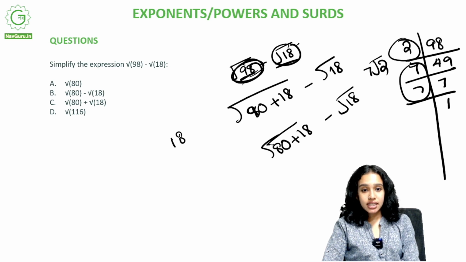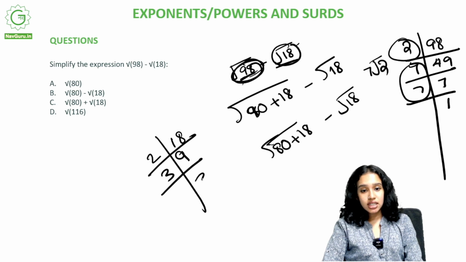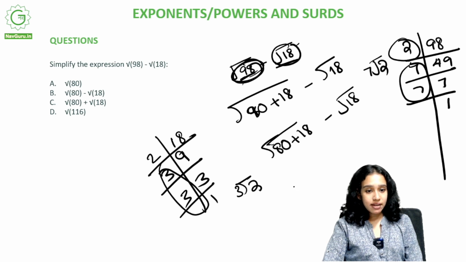Now, what is 18? Prime factorization: 2, 9, 3, 3, 1. So again, 3 root 2. So we have 7 root 2 minus 3 root 2, which is equal to 4 root 2, right?